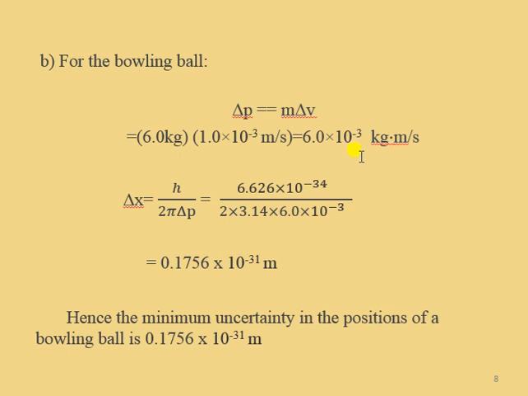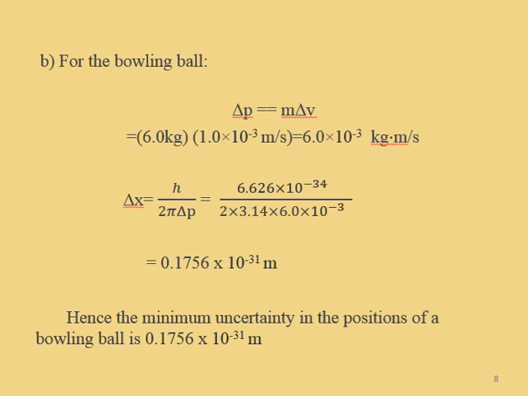Uncertainty in position is h upon 2 pi into delta p, which is 6.626 into 10 raised to minus 34 divided by 2 into 3.14 into 6.0 into 10 raised to minus 3. It is equal to 0.1756 into 10 raised to minus 31 meter. Hence, the minimum uncertainty in the position of a bowling ball is 0.1756 into 10 raised to minus 31 meter.